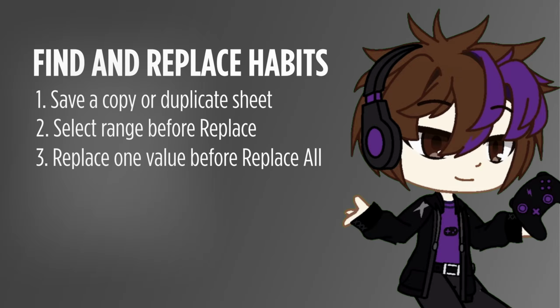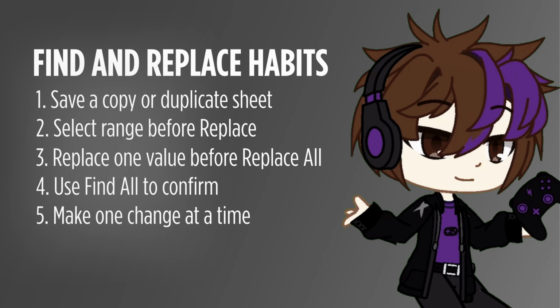And the third thing is replace one value before you use Replace All, and that quick little test can save you cleanup time later. And fourth, if you're not sure where a value appears, use Find All to look at the entire sheet first. Then close the Find window, select the range you actually want to change, and open Replace.